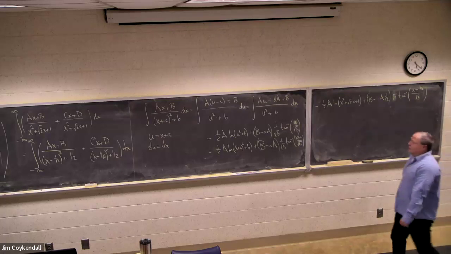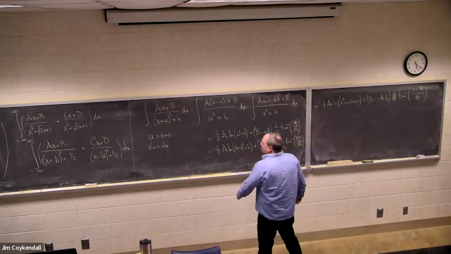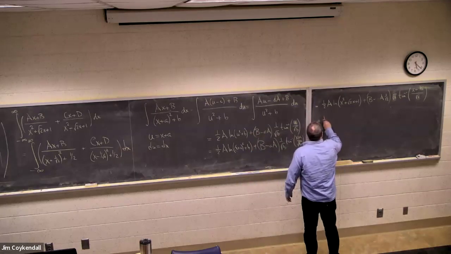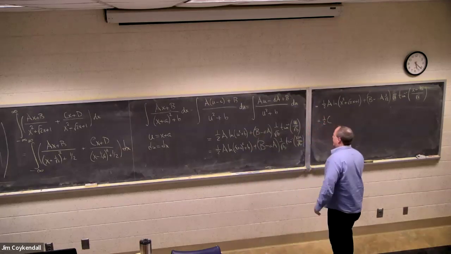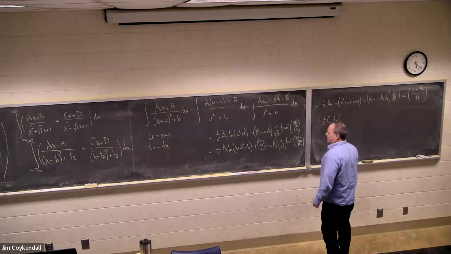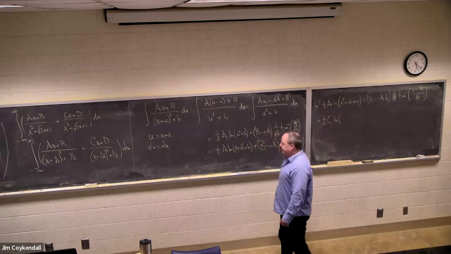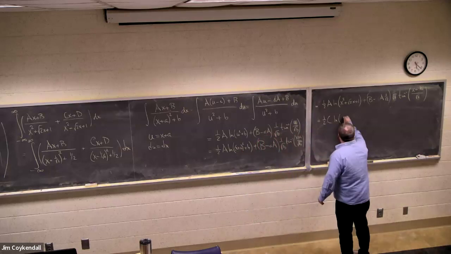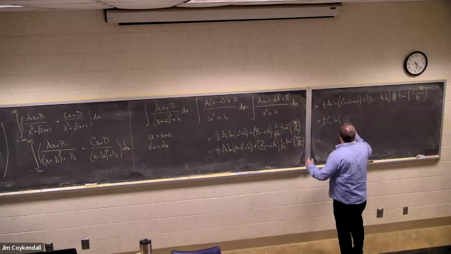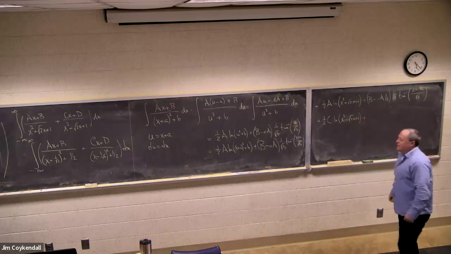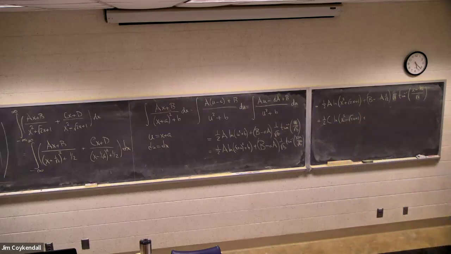Okay, and the other piece should be, now we'll see, we've got 1/2 C natural log. This time we replace this with minus 1 over radical 2, right? x minus 1 over radical 2 squared plus b, so I get x squared minus radical 2 x plus 1. And now what do we have?